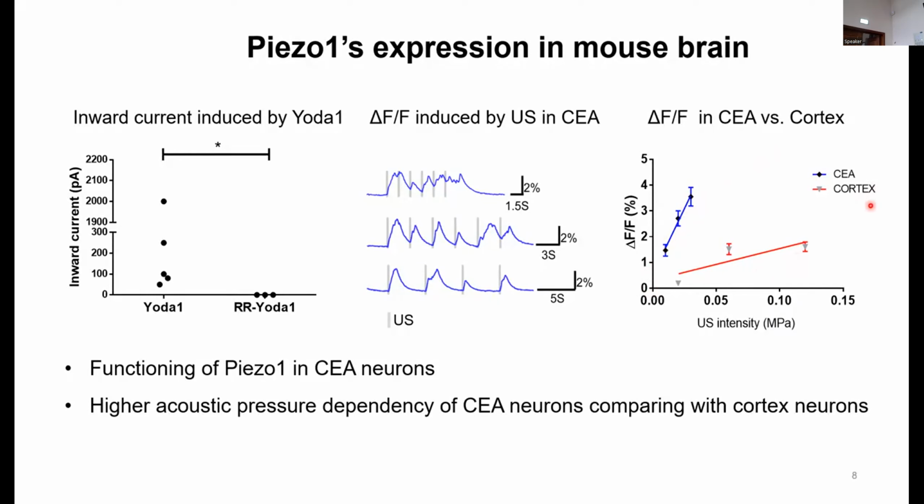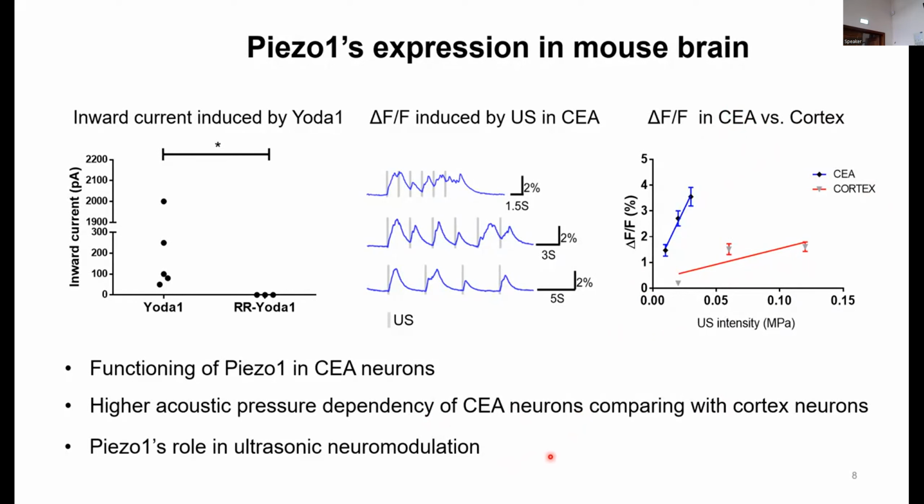And if you remember that in the previous slides we reported a higher Piezo1 expression in the CEA area, together this result supports our hypothesis that Piezo1 may play an important role in ultrasound neuromodulation in vivo.